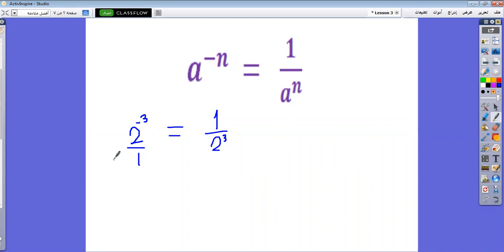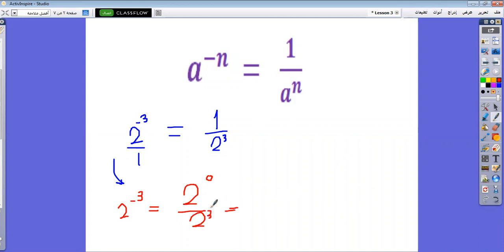Okay, where does this come from? If you analyze it, 2 power negative 3 was 2 power 0 over 2 power 3. Why?